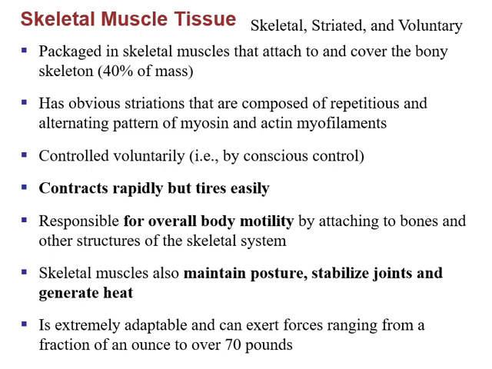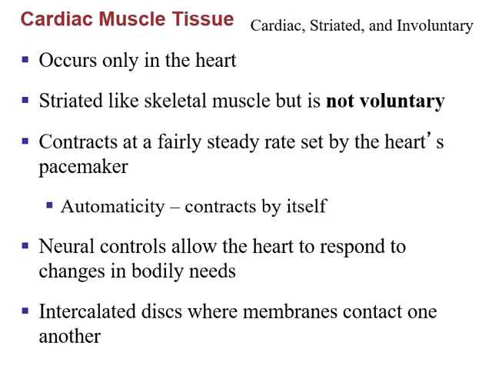It's controlled voluntarily, which means it's controlled consciously, and contracts rapidly but tires easily. Its functions include overall body motility and facial expression, but it also helps us maintain posture, stabilize joints, and generate heat. It's also extremely adaptable. It can exert light forces, a fraction of an ounce, or it can exert forces that range over 70 pounds.